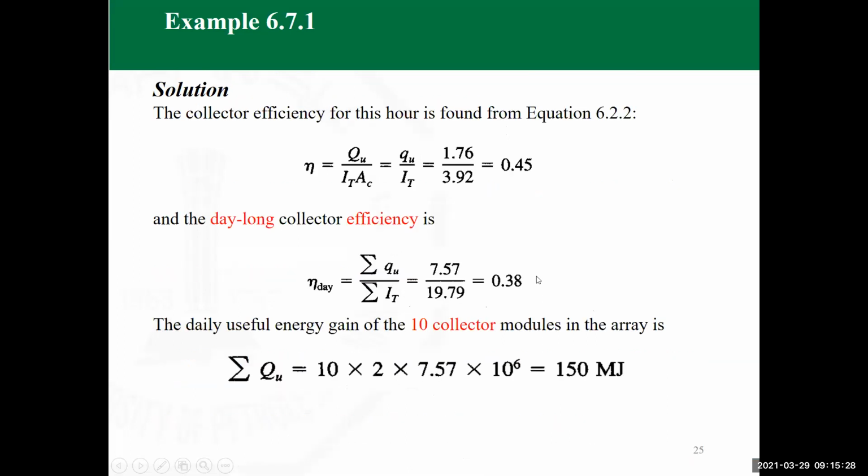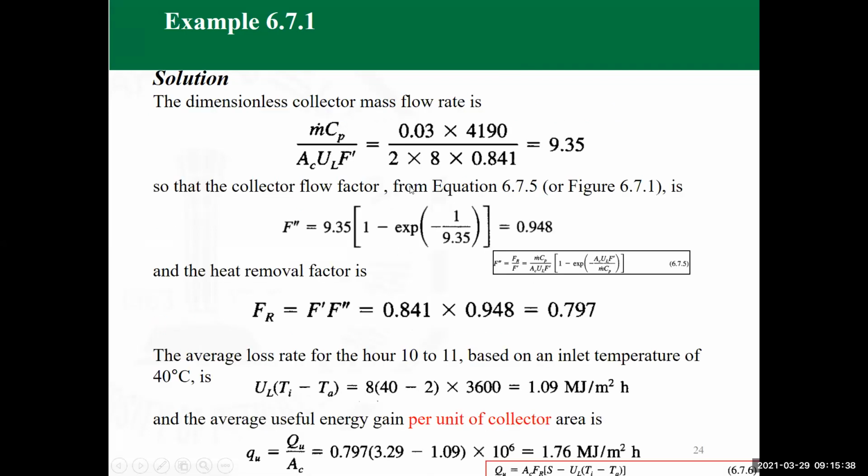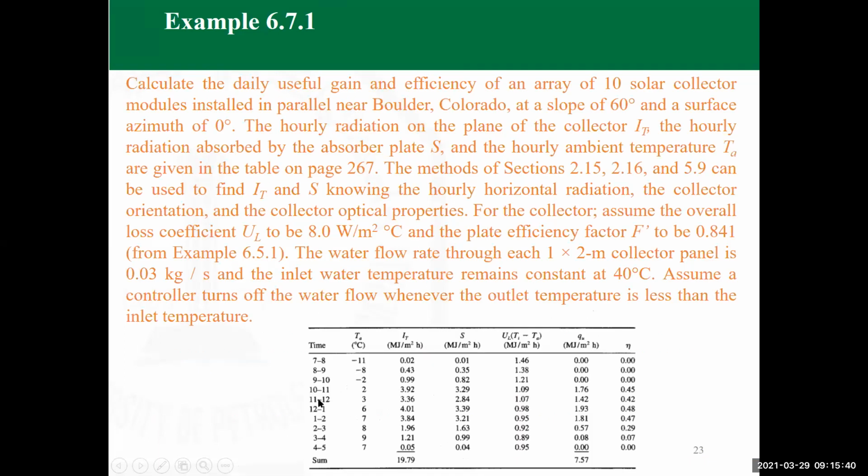The collector efficiency can be calculated as this useful energy divided by the energy falling into the collector. The energy falling into the collector, the IT, is a value that we get from this table at this hour between 10 to 11 a.m. The IT is given as 3.92. This is the energy flux falling into the collector. How much of this energy has been made use of?